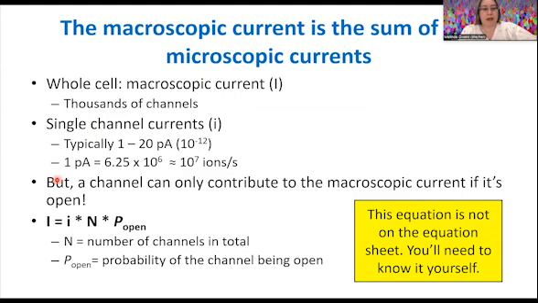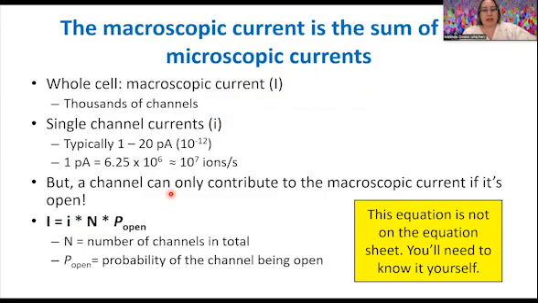And by the way, 1 picoamp is about 10 to the 7th ions per second, if that would be useful to know. Okay. So you're going to add up the single channel currents, that's this I, and you're going to multiply that by the number of channels in total, and that'll contribute to the overall current, right?